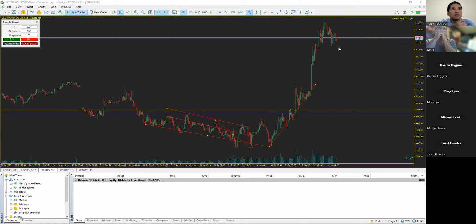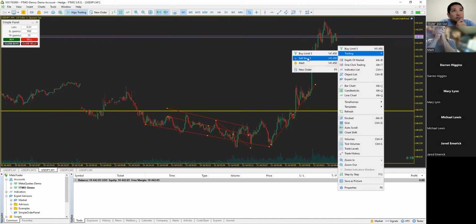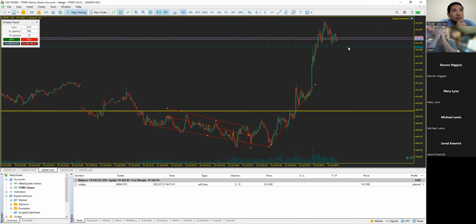So what I'll do is I'll put a sell stop right here, a little bit low it. And if it enters my sell stop, then I will start selling, smacking the sells.